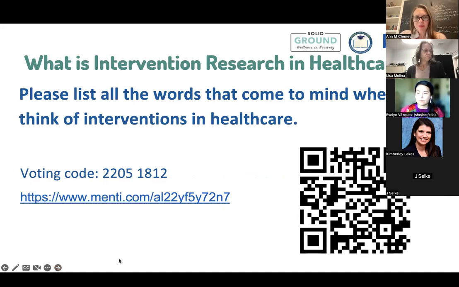Similar to last time, I would like to start with an interactive activity. So if you could either put in the voting code into Menti, 22051812, or scan the QR code that's here. If you could list all the words that come to mind when you think of research interventions in healthcare. So we're thinking about what is intervention research in healthcare.